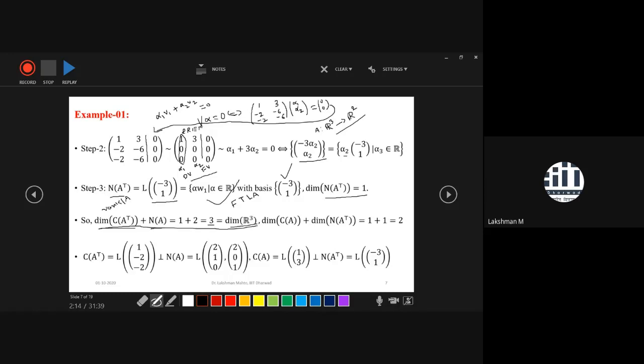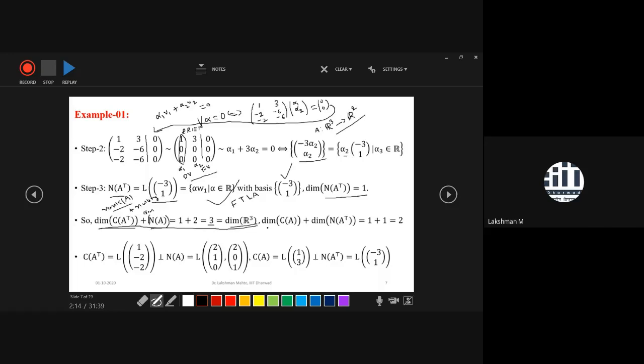So rank plus the dimension of the null space, which we call the nullity, is equal to the dimension of the domain space. So you got part one of the fundamental theorem of linear algebra.